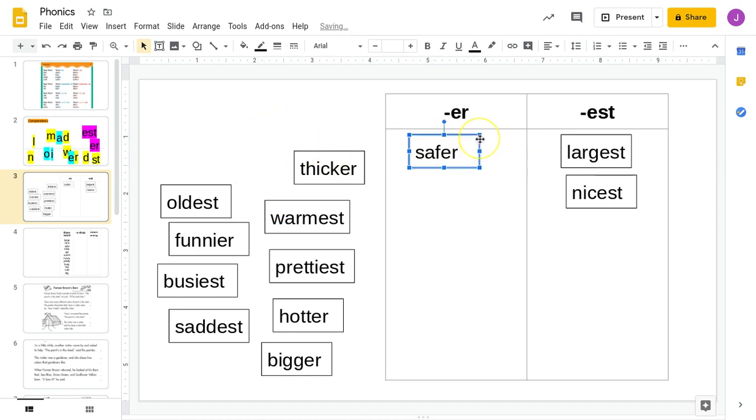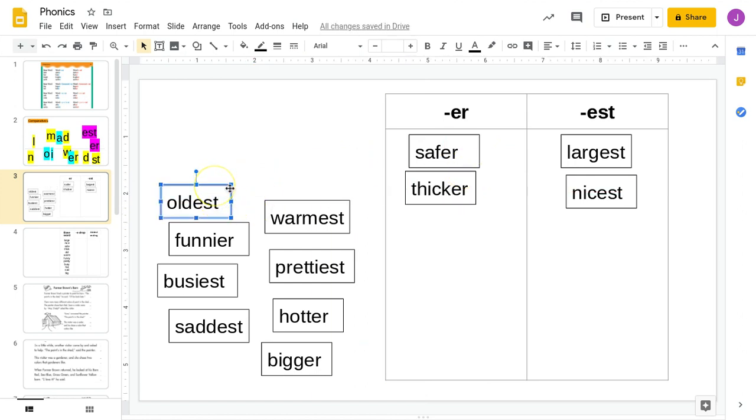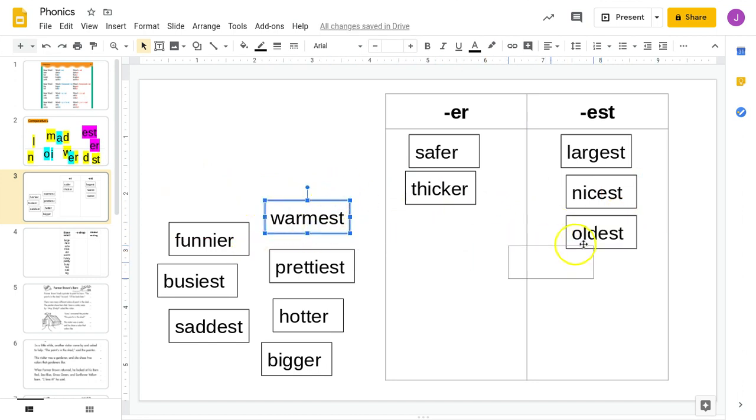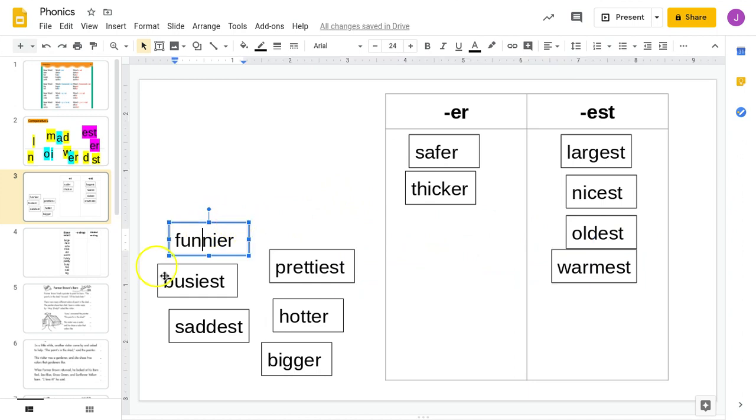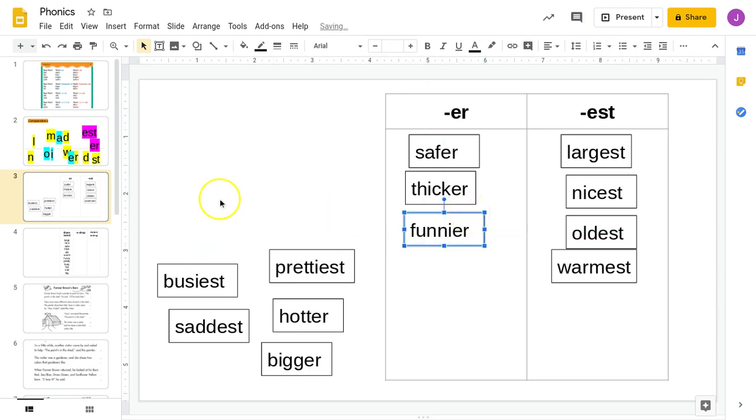Has an ER ending. Thicker, ER ending. Oldest, EST ending. Warmest, EST ending. Funnier, notice the root word of funnier is funny. They dropped the Y and added an I. They also doubled their consonant there.